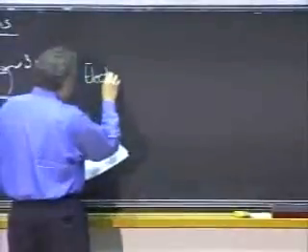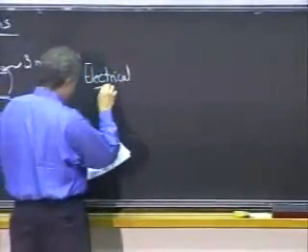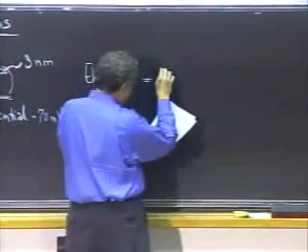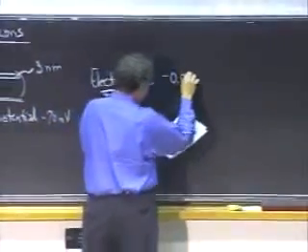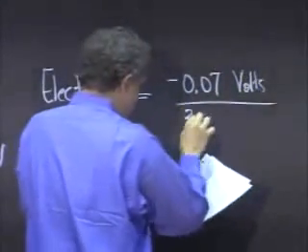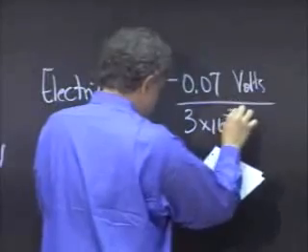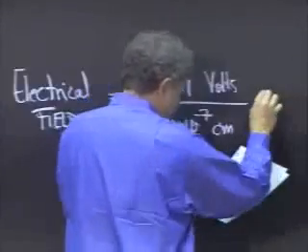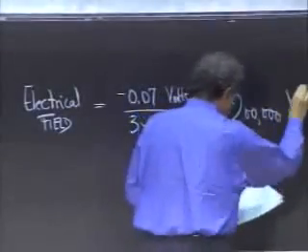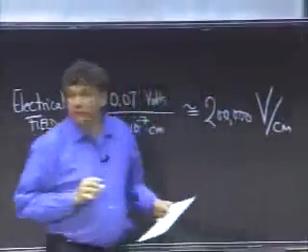Well, the electrical field strength, minus 70 millivolts over 3 nanometers, is about 200,000 volts per centimeter.